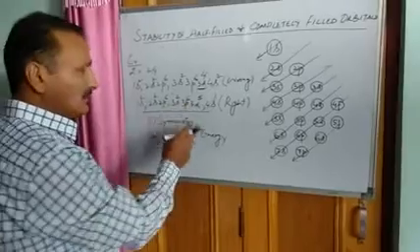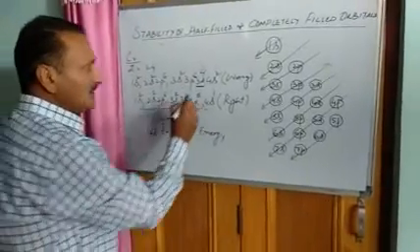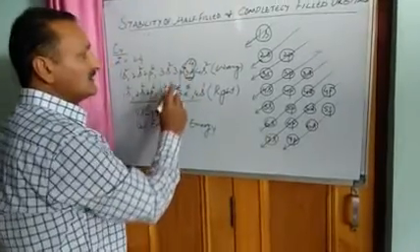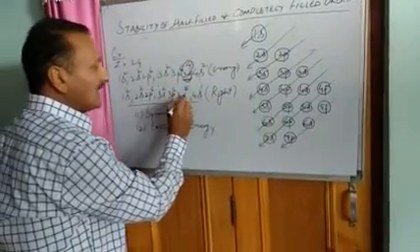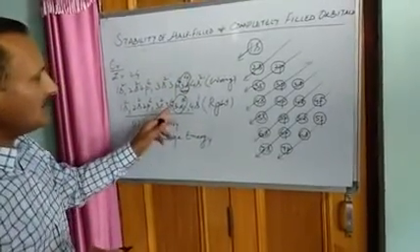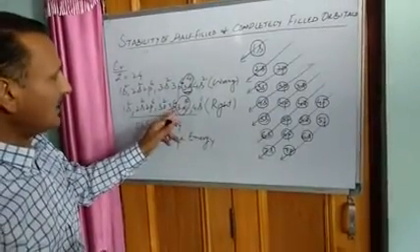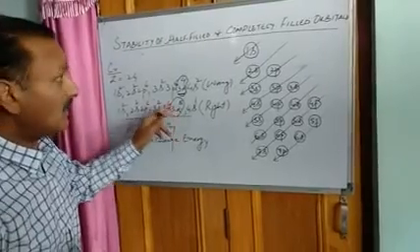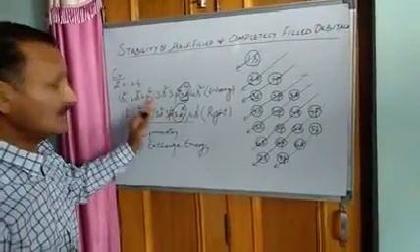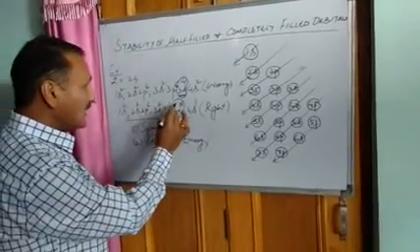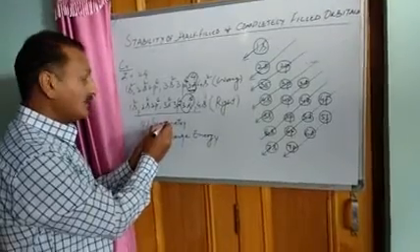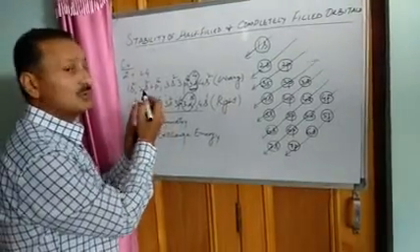Now I will go back to this example. Here this is 3d4. This is not as stable as 3d5, because this 3d5 is half filled. Half filled orbitals are more stable as compared to others. So that is why, when it gets half filled, it gets more symmetry and hence more stability.